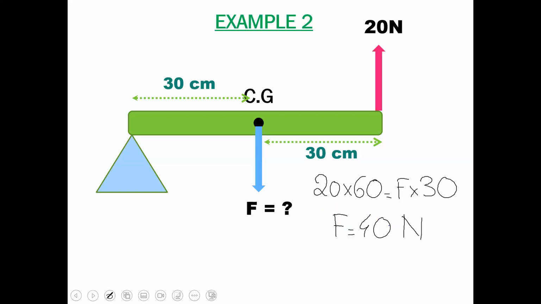No, it's coming 40. Are you taking the distance for 20 newtons 60 or not? Distance should always be taken from the pivot. Yeah, okay, now I'm getting it.